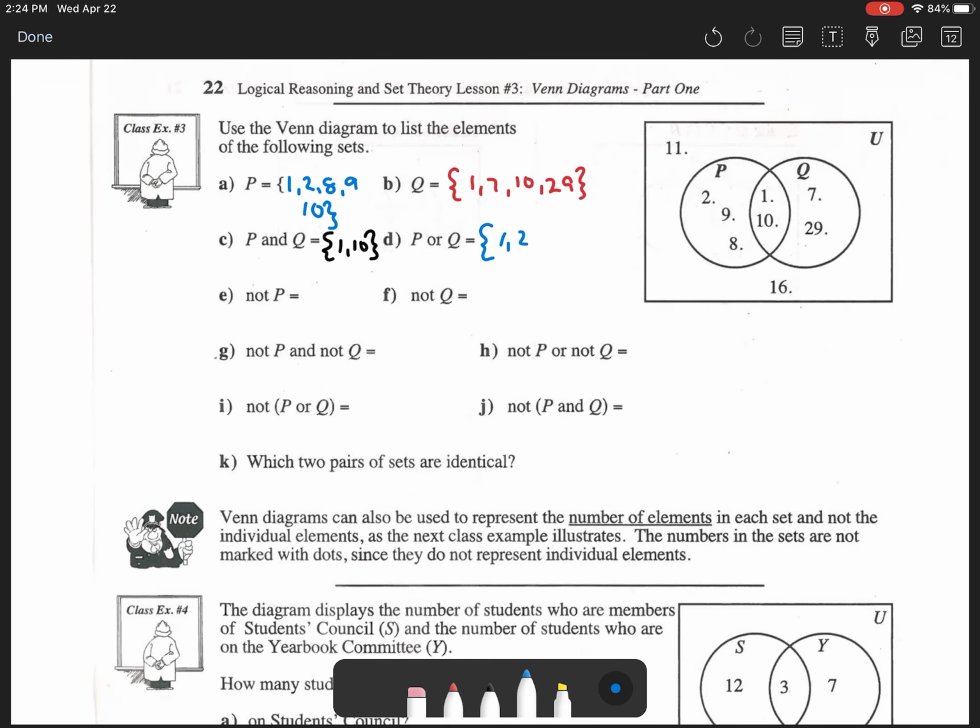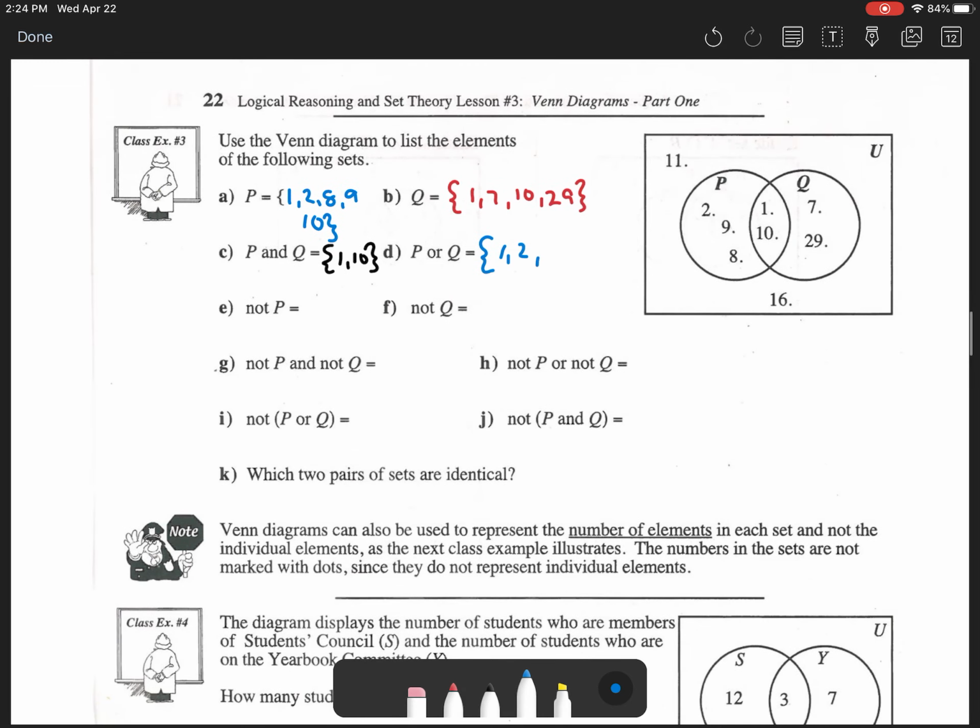P or Q, again, we know from the shading of our previous Venn diagrams, or means inclusive, so that's anything inside the two circles combined. So that's going to be 1, 2, 7, 8, 9, 10, and 29. Those are all the elements that are contained inside those two circles.